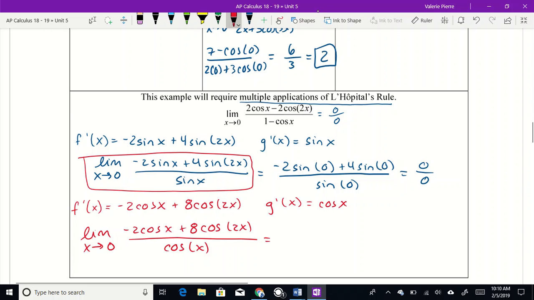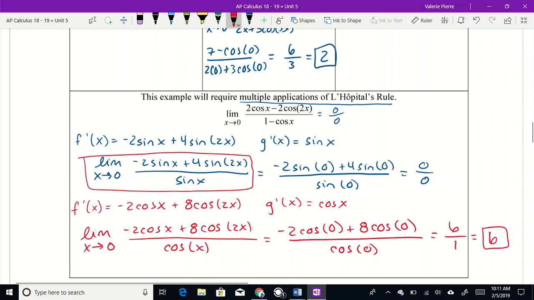When I directly substitute, I get negative 2 cosine 0 plus 8 cosine 0 all over cosine 0. And cosine of 0 is 1. So we have negative 2 plus 8, which is equal to 6 over 1. So our limit is equal to 6.